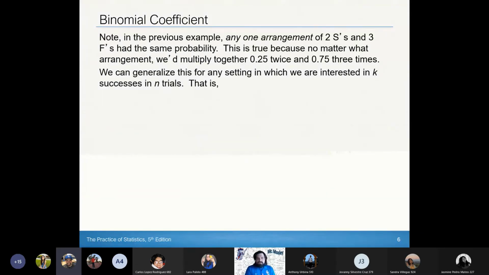Note, in the previous example, any one arrangement of 2 S's and 3 F's had the same probability. This is true because no matter what arrangement, we'd multiply together 0.25 twice and 0.75 three times. We can generalize this for any setting in which we are interested in k successes in n trials.